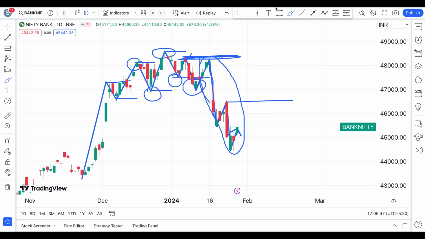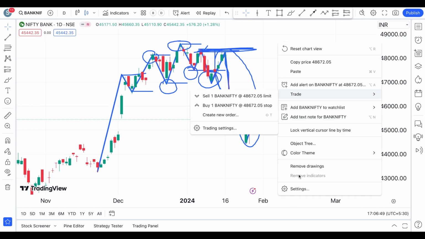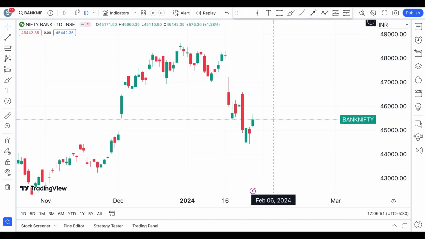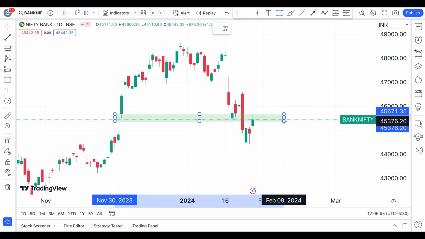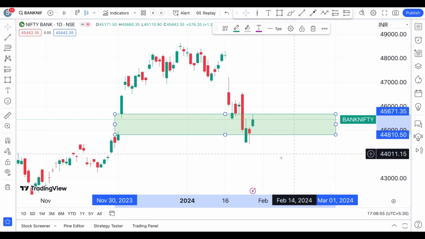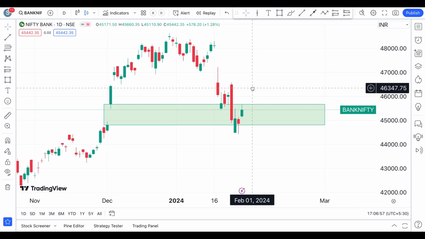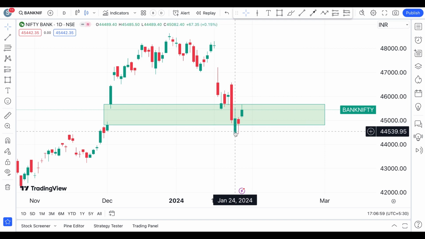And also, we have seen a gap here on the left, and we have discussed this multiple times in our post market analysis videos. Even here Bank Nifty has opened below this zone, but it has failed to give us a close below this zone, and it has closed into this.